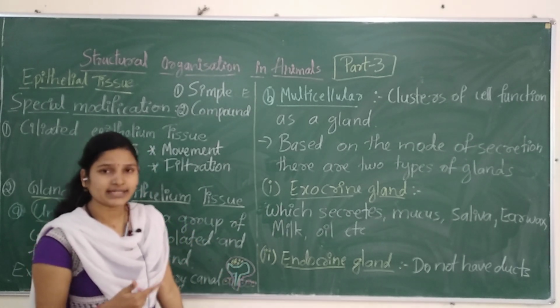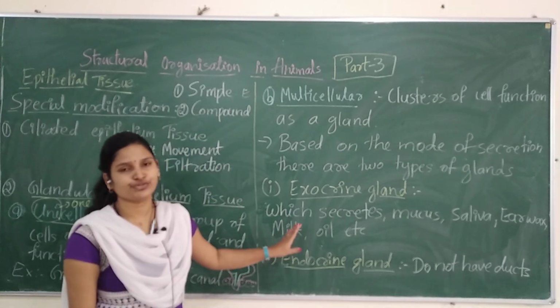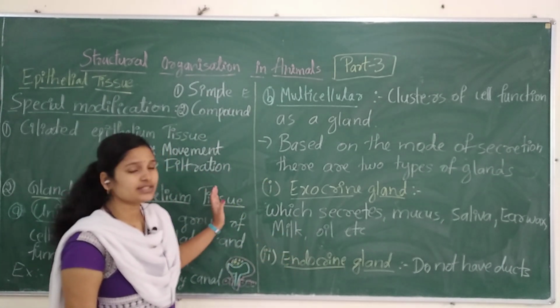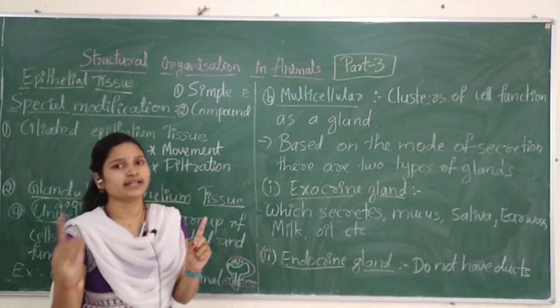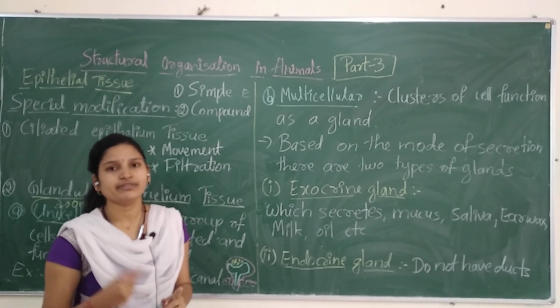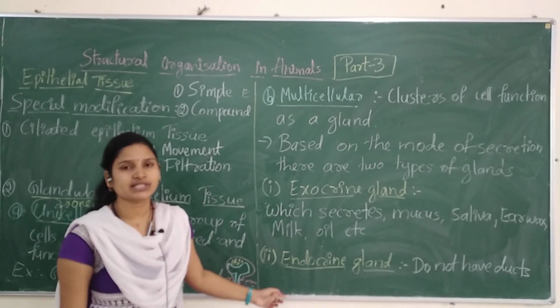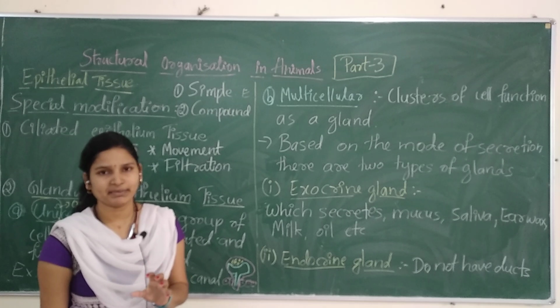Please analyze the types. I am telling you again and again, otherwise you will get confused. That's why I am going very slowly. First, we have divided the epithelial tissue into simple and compound, and we are moving in the simple epithelium only. We have not yet reached the compound epithelium. What we have studied now is all included under simple epithelium.